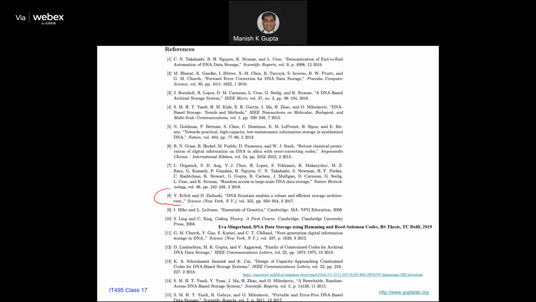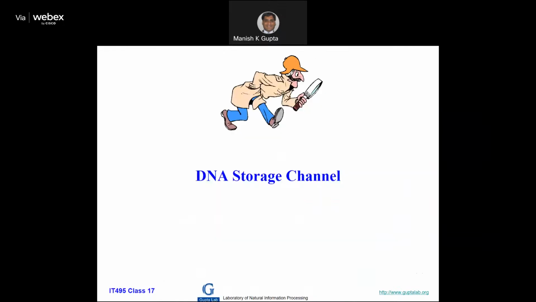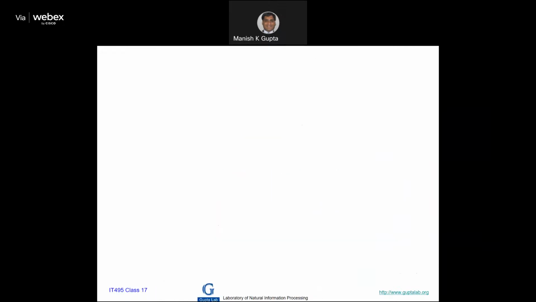We are looking at this paper, number 8, which appeared in Science. So Erlich and Zielinski, DNA fountain code. You will see that if you go to their link given in the paper, you can find the implementation of the codec as well. So you can actually see all the things.